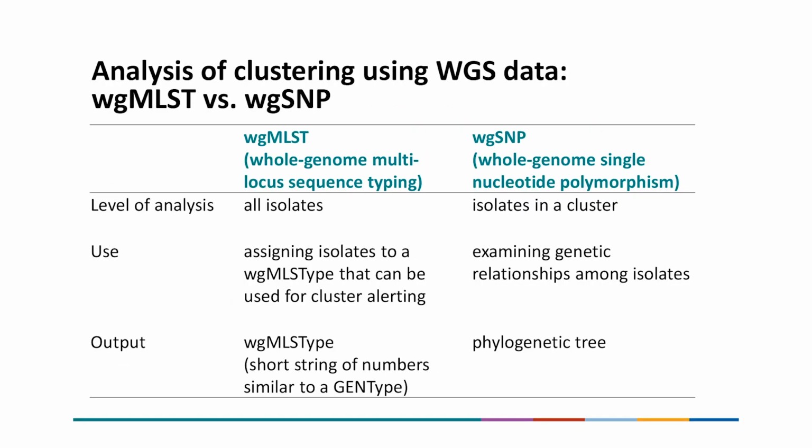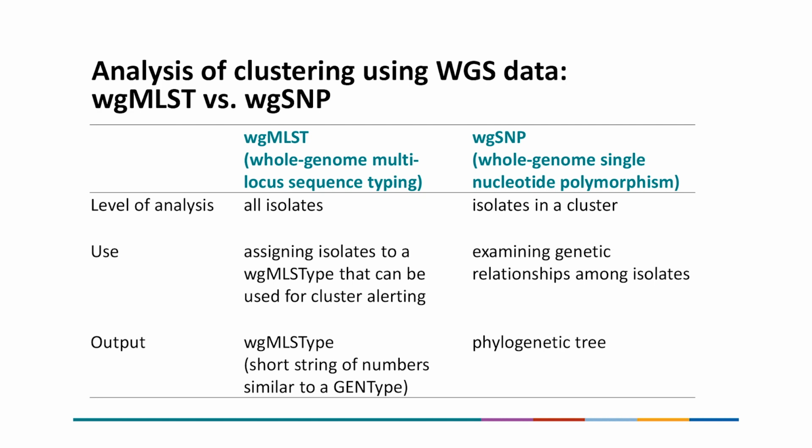Although wgMLST and wgSNP both use WGS data, they differ because wgMLST is a scheme that will be applied to all isolates to compare the genomic sequences of the isolates and assign them to a wgMLSType that can be used for cluster alerting.